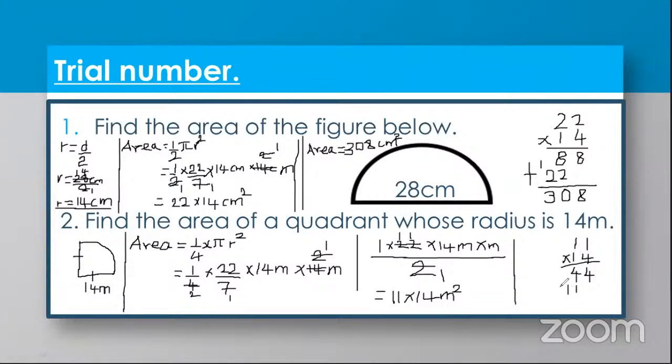Then we add. 4 plus 0 equals 4. 4 plus 1 equals 5. Then 1 plus 0 equals 1. So what is the area? Area equals 154 meters squared. We are using meters, okay? Meters squared, okay.